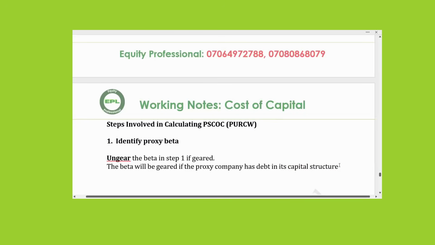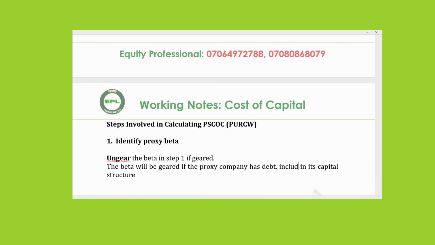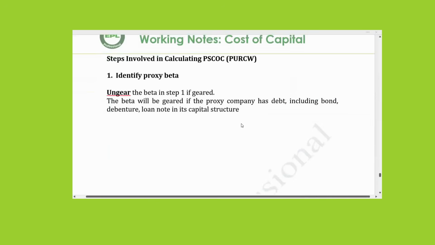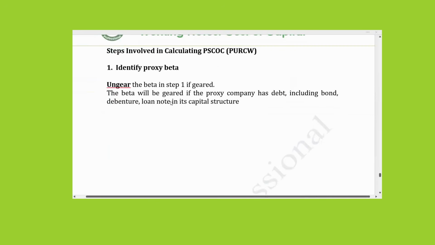So I said the beta will be geared if the proxy company has debts, including bond, debenture, loan notes, or bank loan.